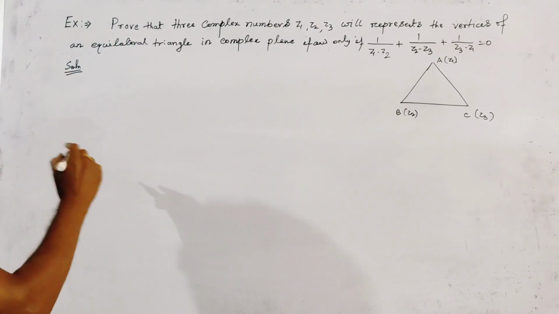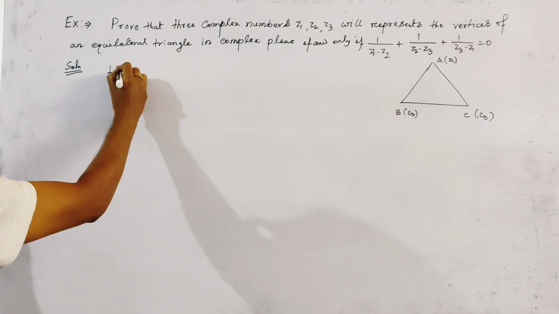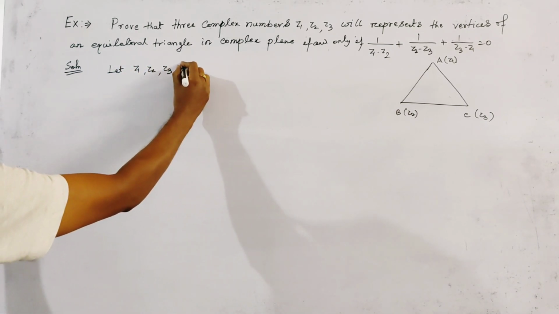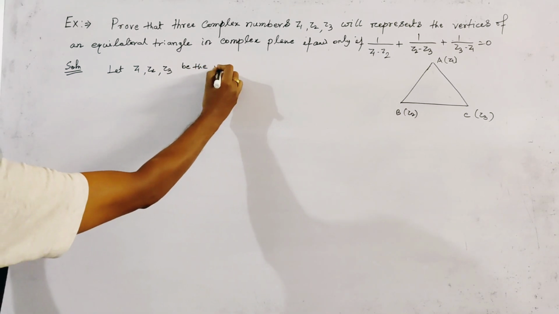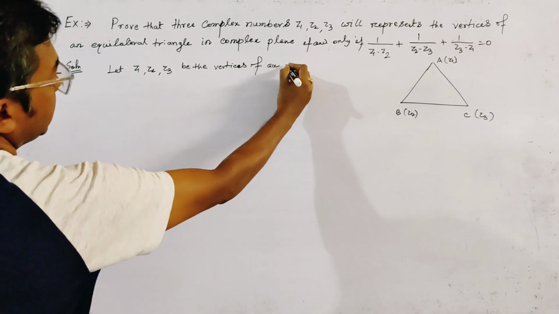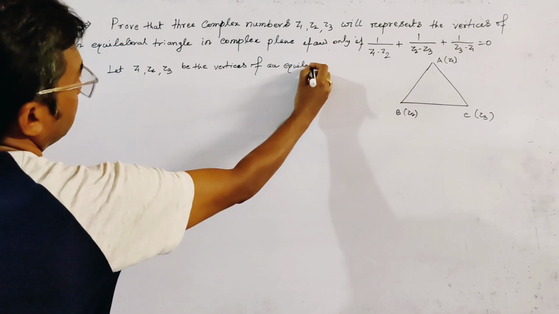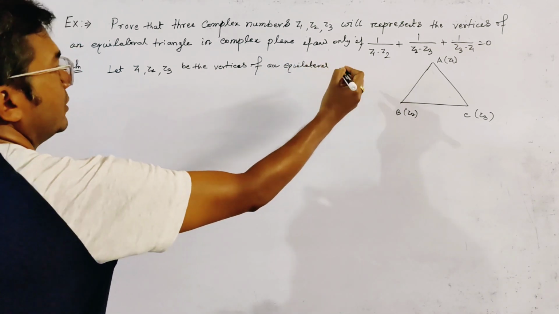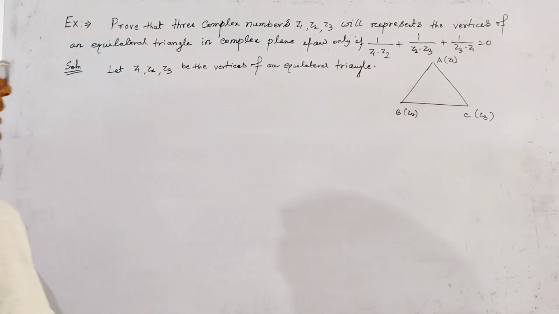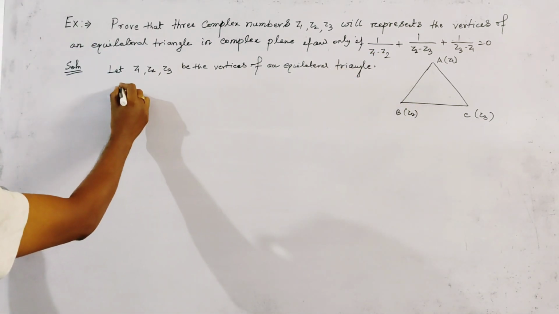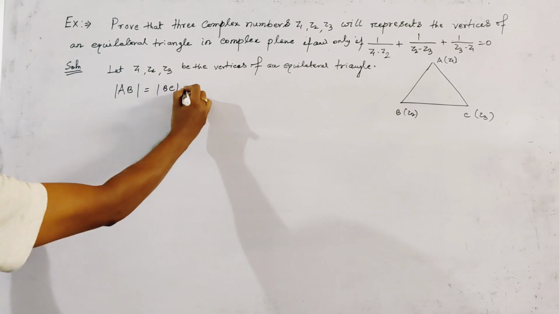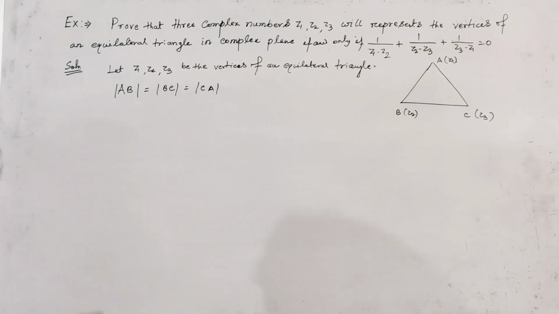In the first part of this problem, we let Z1, Z2, Z3 be the vertices of an equilateral triangle. Then we must have the length of AB, that is mod AB, equal to the length of BC, equal to the length of CA.